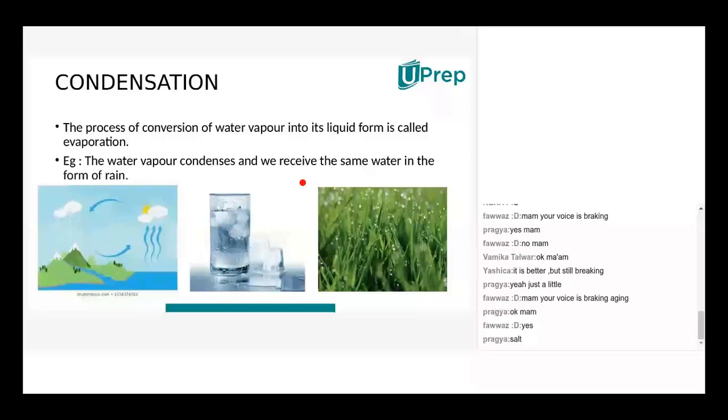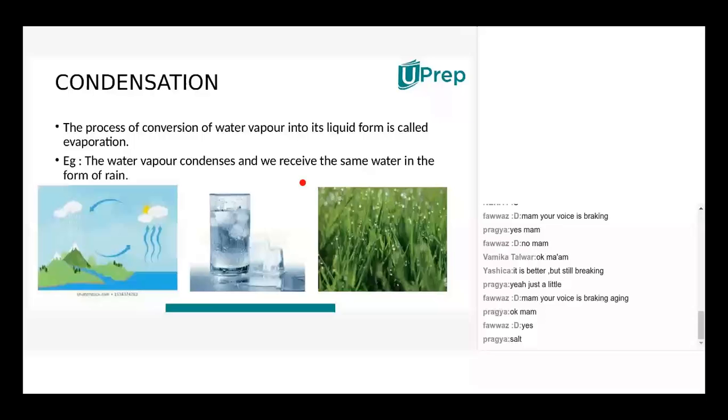So till now we have discussed sedimentation, decantation, filtration, evaporation. The other one is condensation. All these techniques are used to separate two different components. So what if both are important to us?